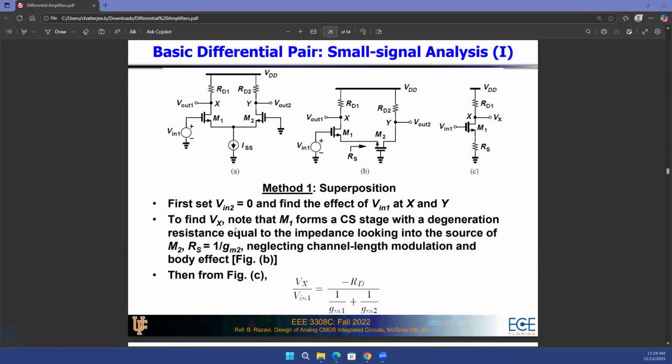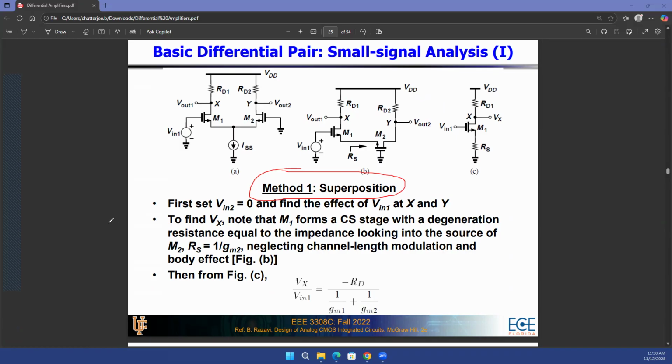Now, there could be two different ways that we can do the small signal analysis. One is using the superposition principle. We will look at both of these methods. Method 1 will be superposition, and method 2 is going to be something called the half circuit method. We'll look into both of these methods in detail in the next lecture.